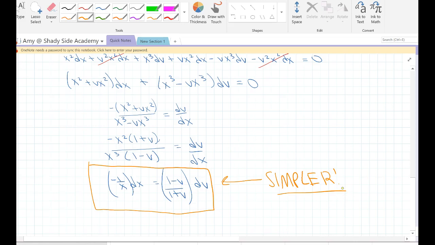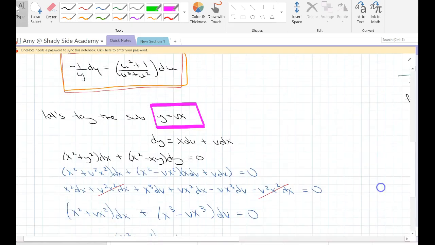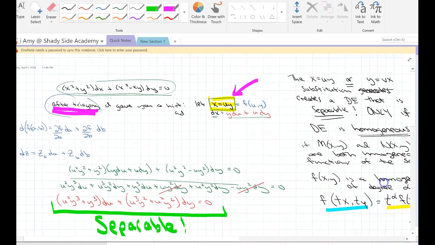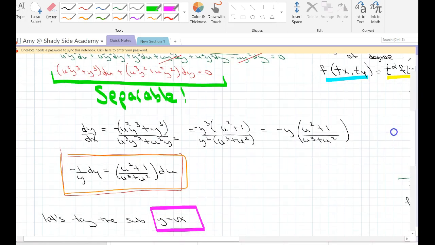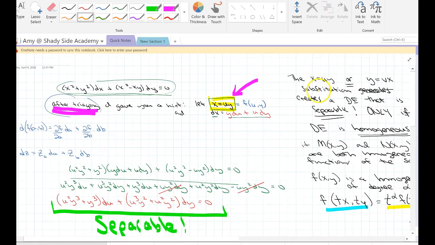So here's my question to you, and this is the part where you're going to do some thinking. The x equals uy or the y equals vx method. My question to you is this: how do you know which variable to compose as a linear factor with the other? Or I should say this, let me rephrase. Which substitution, replacing x or replacing y? Replacing x in terms of y or y in terms of x?